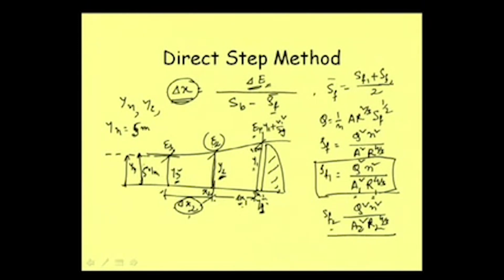So the last depth, let me write as ym, suppose the last depth we have taken is for the m-th section. This last step is delta x m minus 1, because for each pair we are getting one delta x. For m number of depths we get m minus 1 pairs.